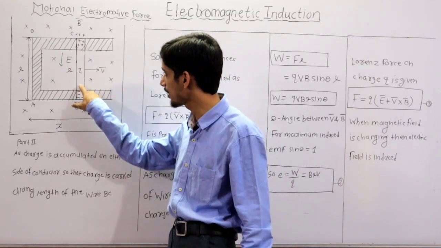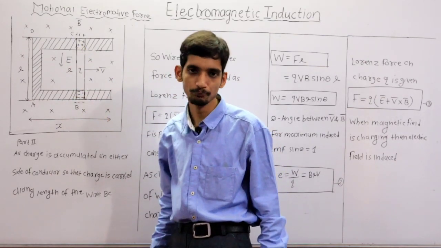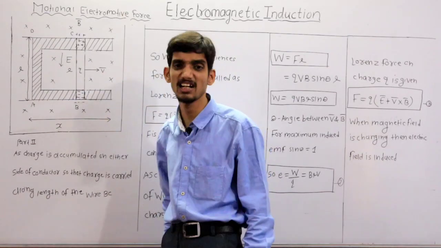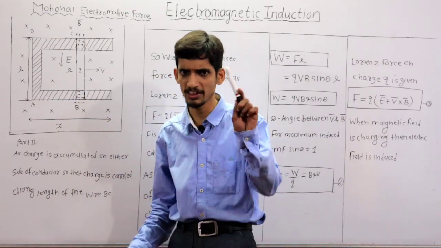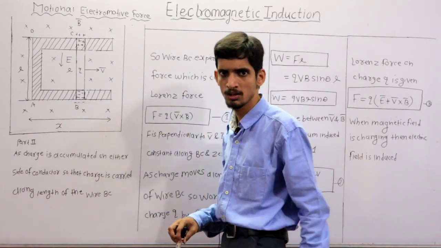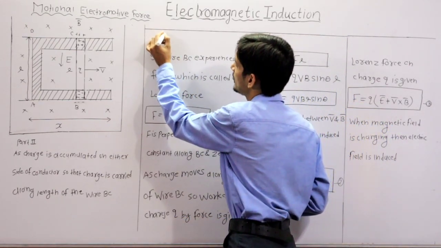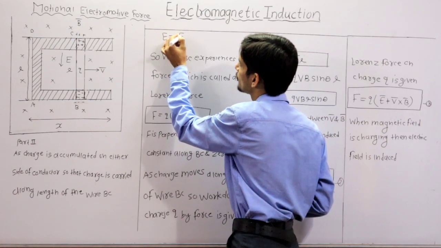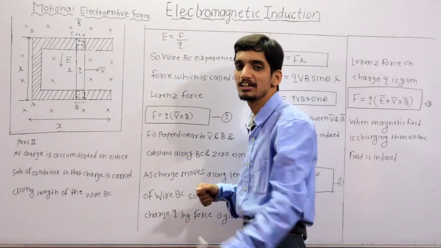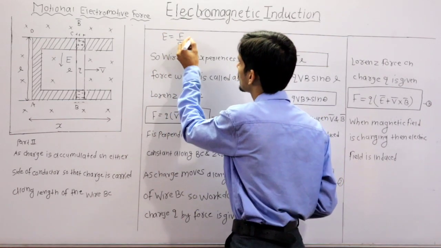As the charge present on this conductor is Q, and the electric field present inside the conductor is E, definitely it experiences a force. Clear? What is the formula for force? As we know, electric field intensity is equal to force experienced per unit test charge. So it is actually the electric field.